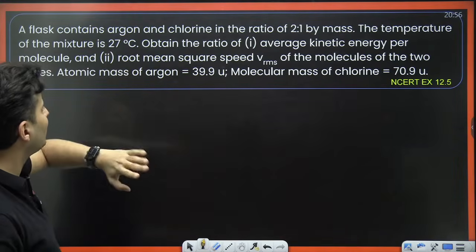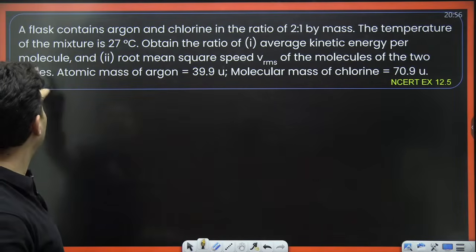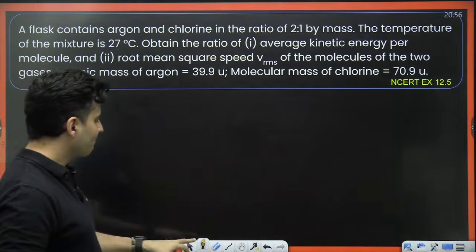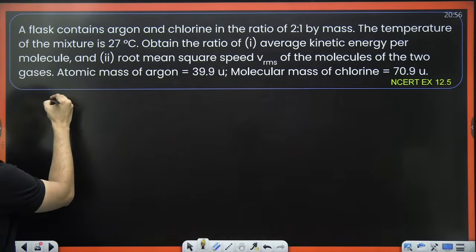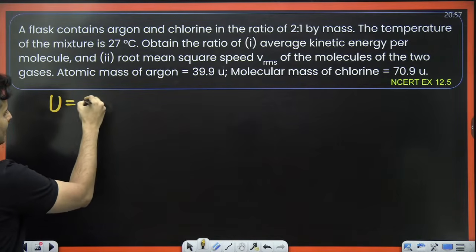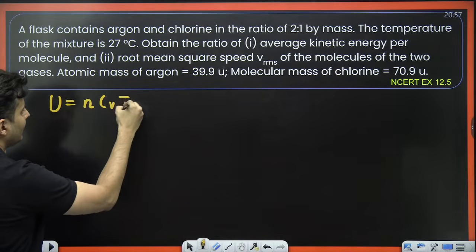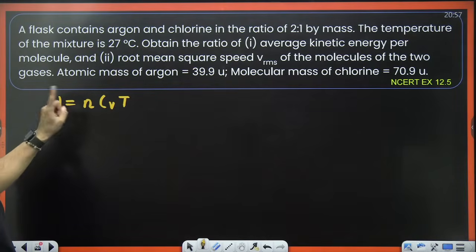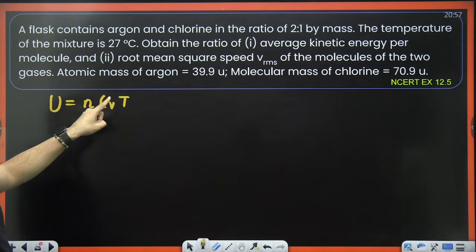Temperature is 27 degrees Celsius for both of them. The average energy of the molecule: I just told you, the energy of a gas is given by nCvT. It depends on the number of moles, Cv and temperature.